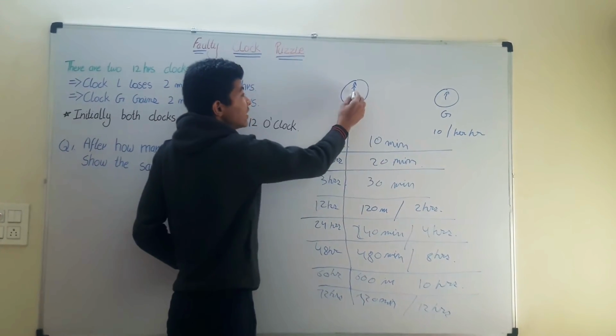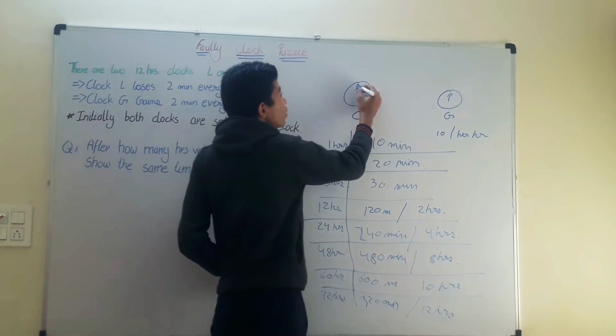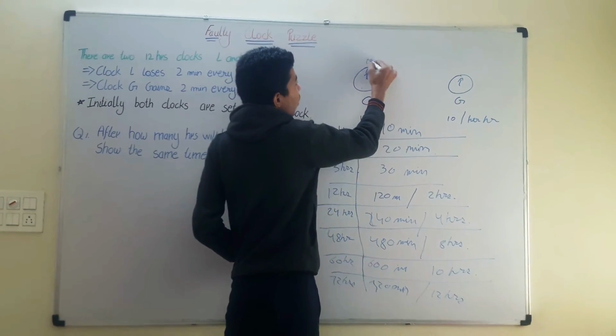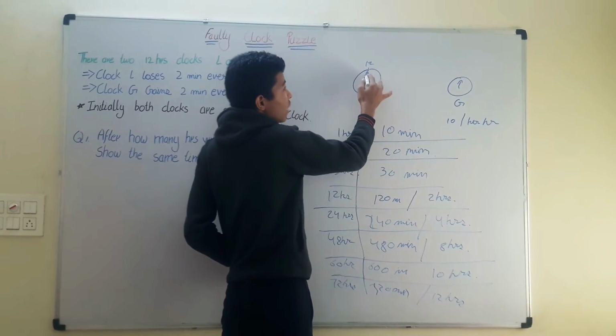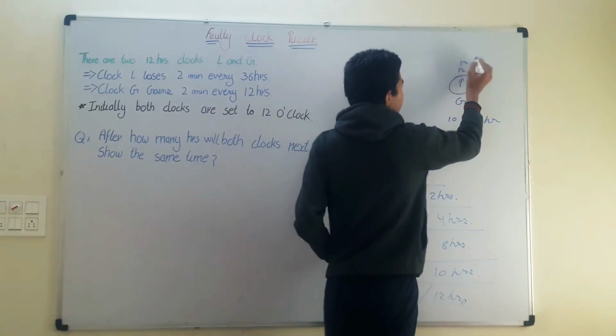So now this is 12 hours ahead, but they would show the same correct time because the hour hand would point towards 12 and the minute hand also at 12, and in the default clock that would be 12 and 12.